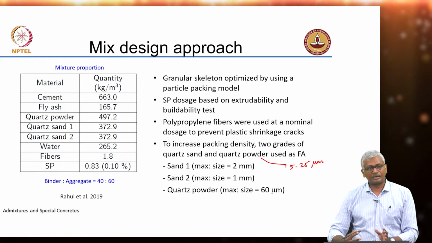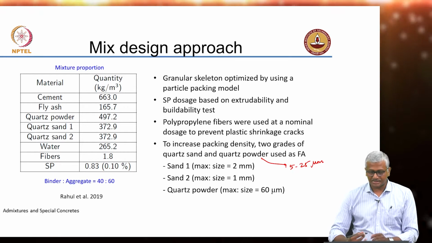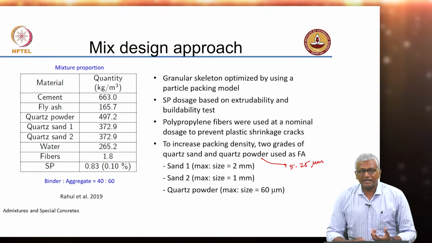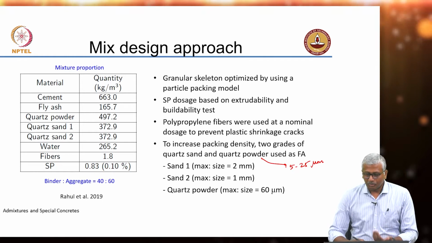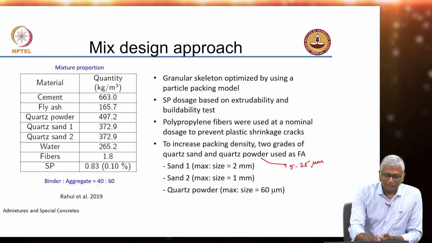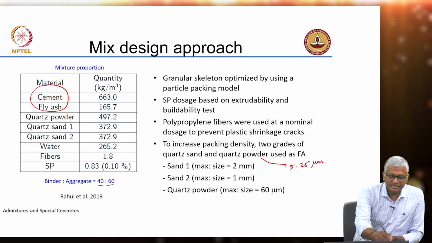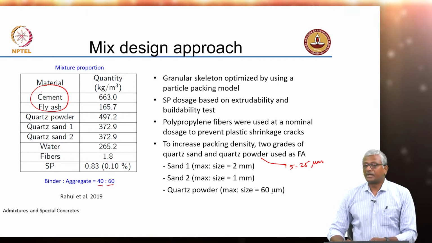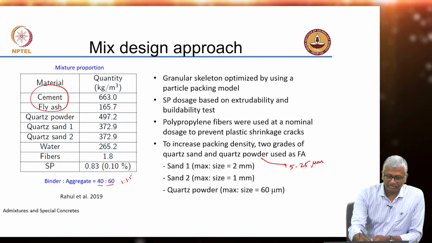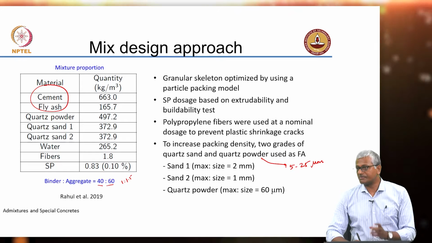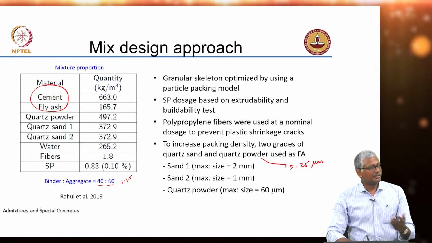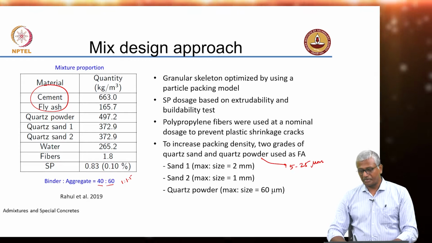Even the fine aggregate was controlled to be of size less than 2 millimeters. So two sands, both plain pure quartz sand, from 2 to 1 millimeter and 1 millimeter and below. The total binder to aggregate ratio, where binder included cement and fly ash, is 40 to 60 or 1 is to 1.5. Here of course the quartz powder, which is a very fine aggregate, is also considered to be a part of the aggregate, not part of the paste.